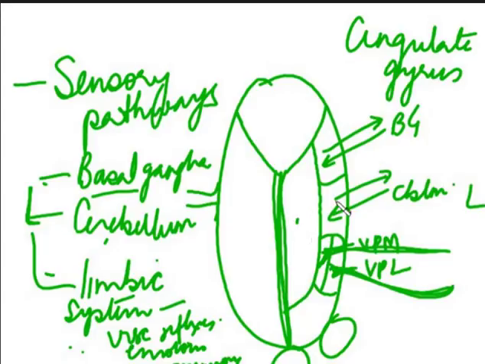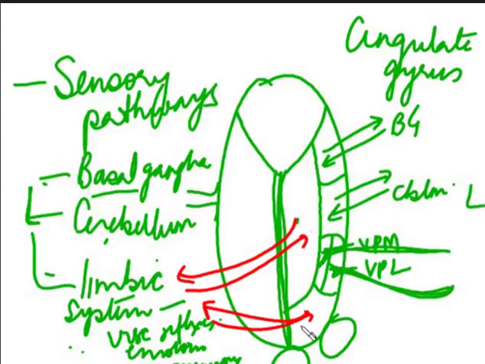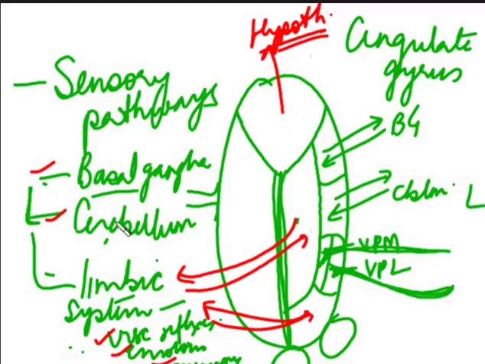This anterior nucleus also has connections to the hypothalamus, and the hypothalamus is also connected to the limbic system. So you can see how the thalamus has extensive connections with the limbic system. So it's connected to visceral reflexes, emotions, memory. It is connected to motor movement through the cerebellum and basal ganglia, and it has connections with the sensory pathways.